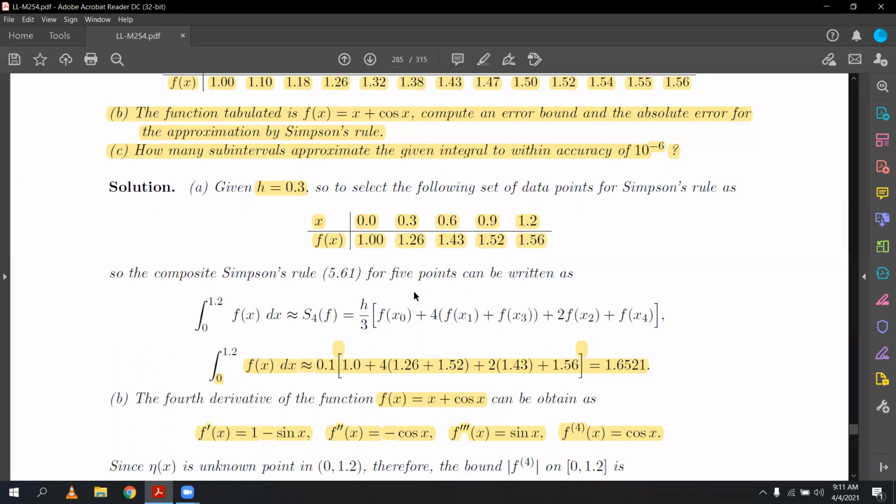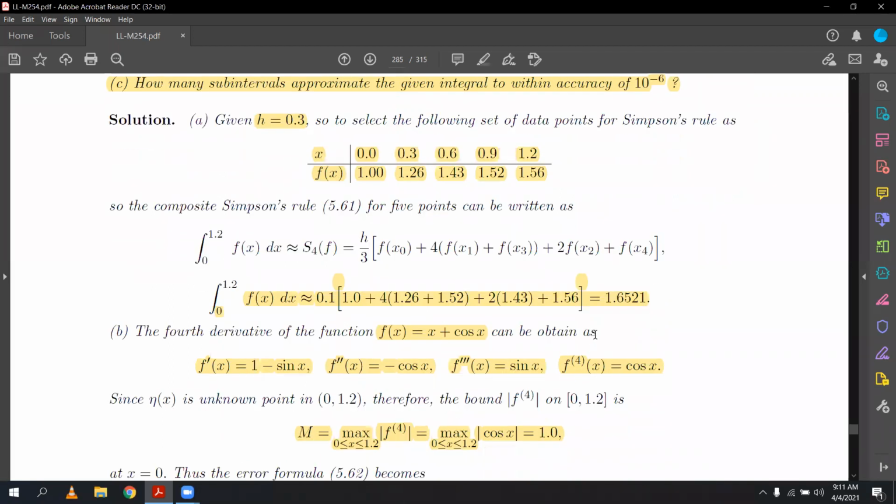So you put the values here. What is f of x naught? f of x naught is 1. f of x1 is 1.26, plus f of x3 is 1.52, and f of x2 is 1.43 multiplied by 2, and f of 1.2 is 1.56, and you can have this.